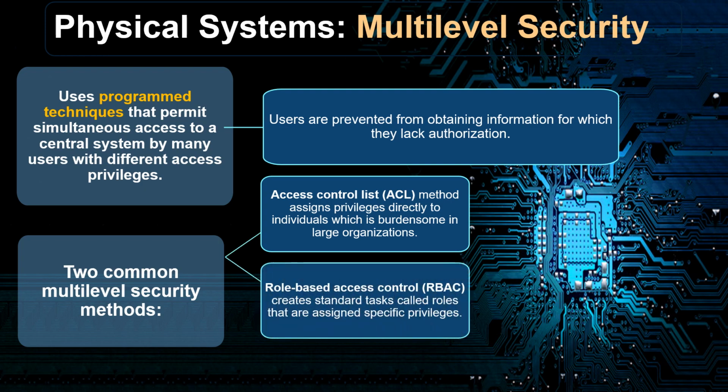Whereas the second method for multi-level security is role-based access control, meaning that we create a standard task called a role that is assigned specific privileges. So instead of basing accessibility on the person, we say that the manager can access this and this and that.